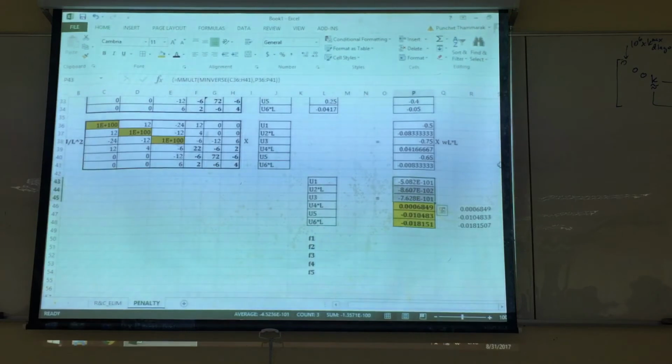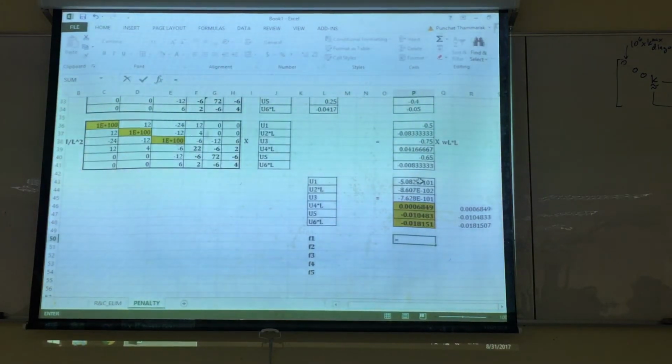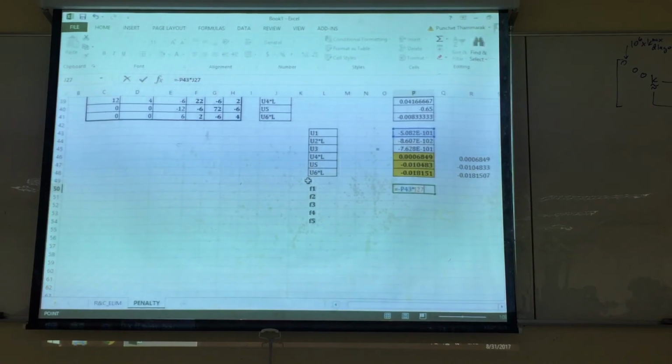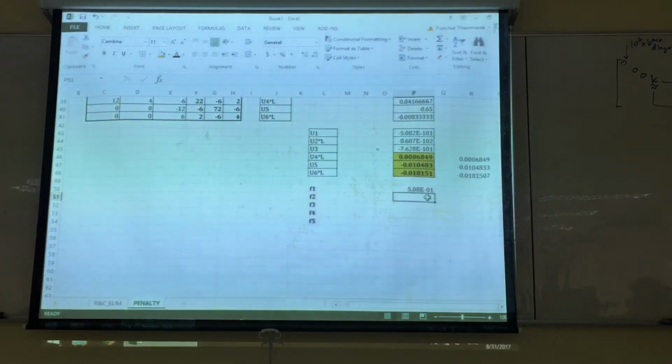But even though they are extremely small like this, they are still useful for you because you're going to take minus of the displacement multiplied by that.